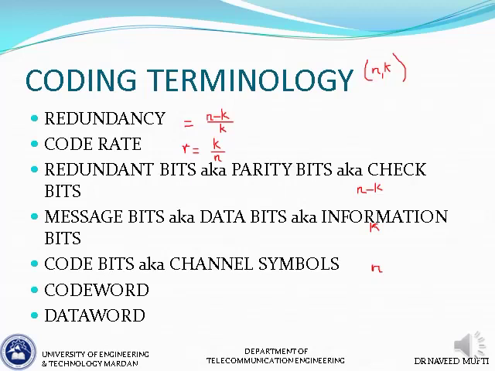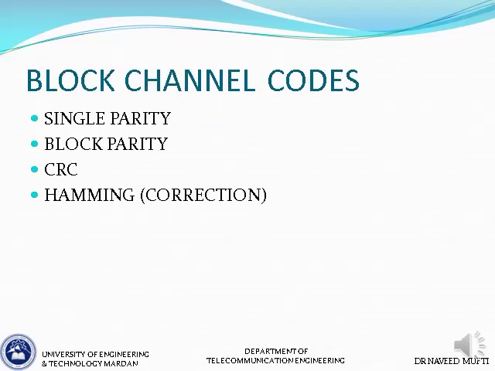So these are all different terminologies that you need to keep in mind as we go on to discuss the different techniques of error control, error detection and correction. So first of all, we will be looking at the different types of block channel codes or block channel coding techniques. Normally we discuss these 4 categories.